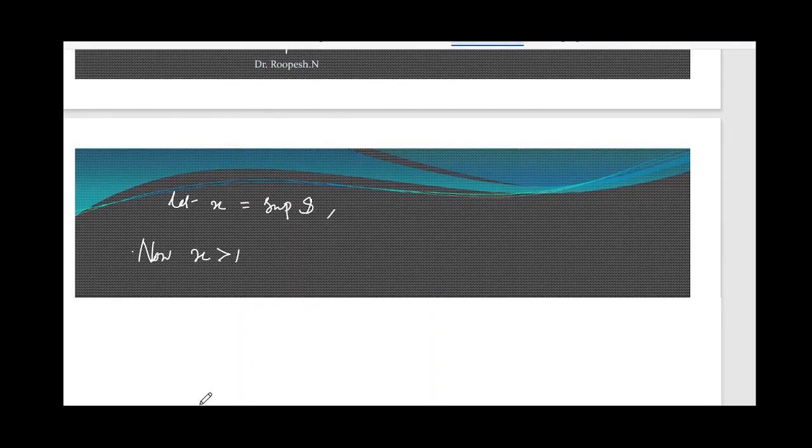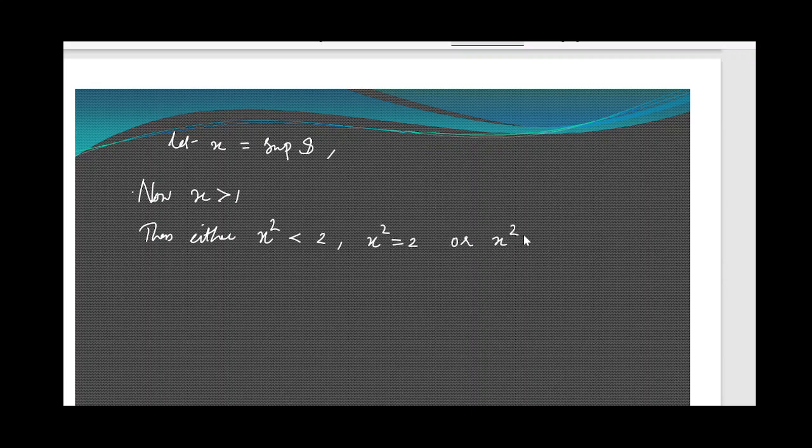Then either your supremum square, x square, is less than 2, x square equal to 2, or x square greater than 2 by the law of trichotomy, right?